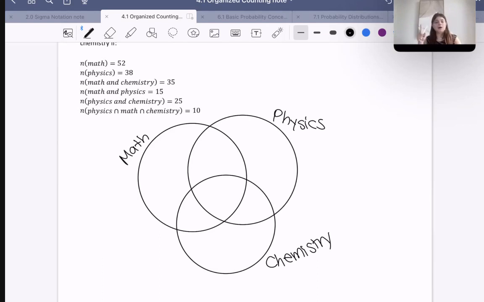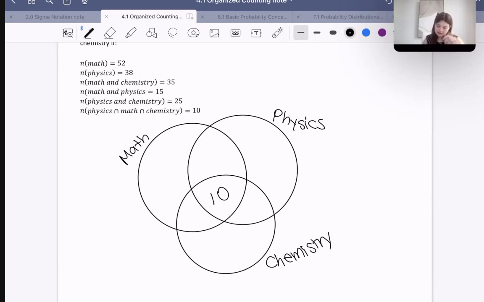Rule number 1 is we always start from the middle, right? So 10 students take all 3 subjects. So that's good.